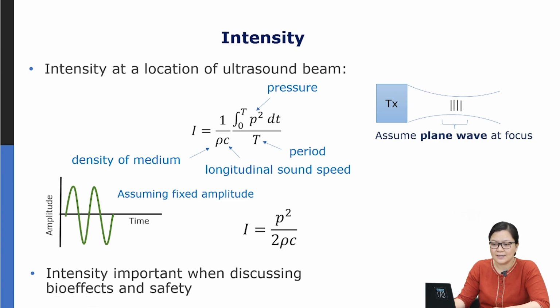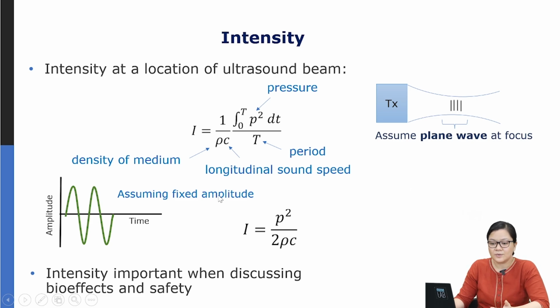So the intensity can be calculated as an integral of the pressure squared at that particular location, over the period. We also assume that wherever we are measuring the pressure wave, the wave is a plane wave. In focused fields, we assume that at the region of the focus, there is a distribution of plane waves within that focus.